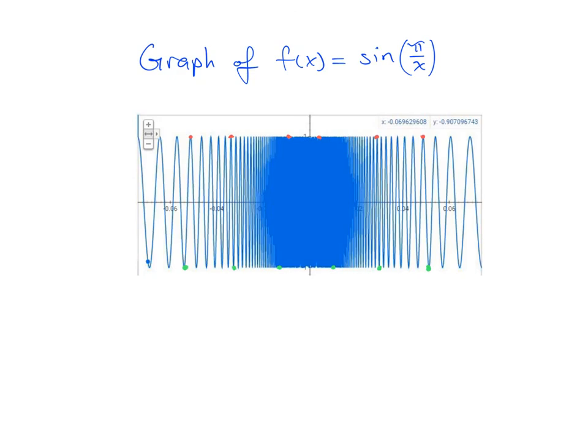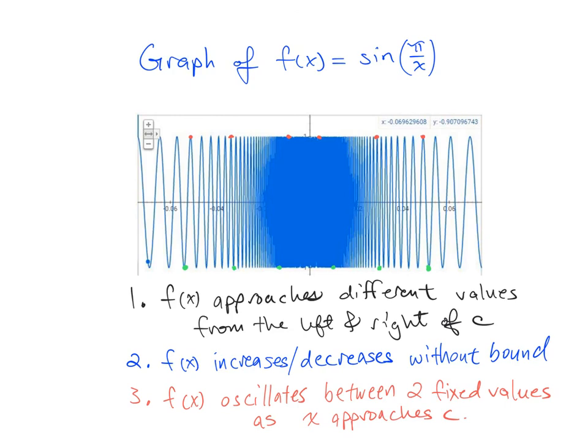So this leads me to give you 3 behaviors that normally cause the non-existence of a limit. And these 3 behaviors are: f of x approaches different values from the left and right side of c. Go back and look at the graphs of the limits that we did, or the piecewise function that we found numerically, to understand that.